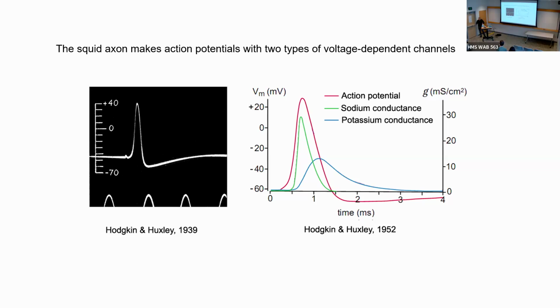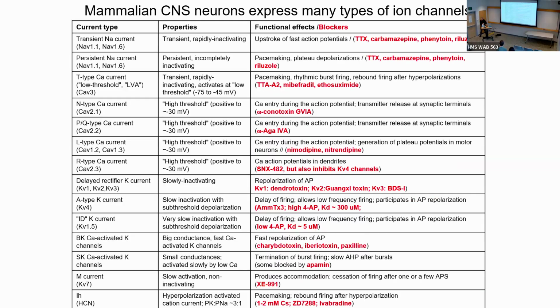That makes electrical signaling. But what people discovered, through a combination of the cloning and then recording from a whole variety of cells, is there's a huge variety of voltage-dependent ion channels.